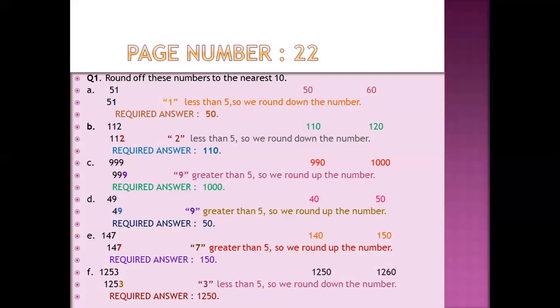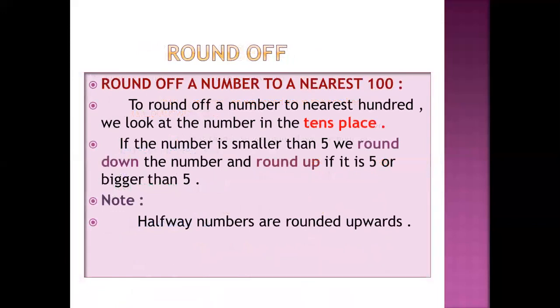Come to question 2, and in this question, round off these numbers to the nearest 100. When we are rounding off the number to the nearest 100, which number do we concentrate on? To round off to the nearest 100, we look at the number in the tens place.